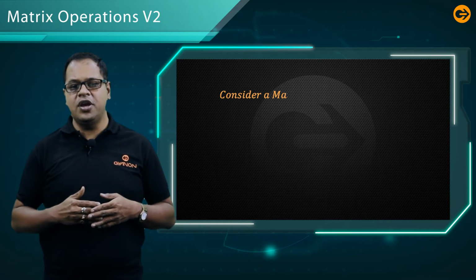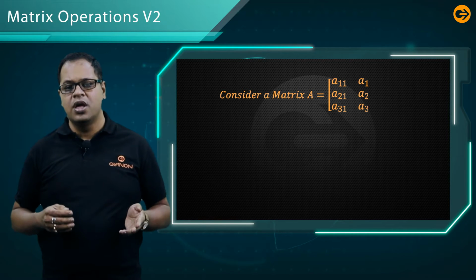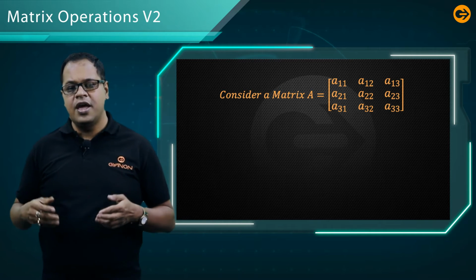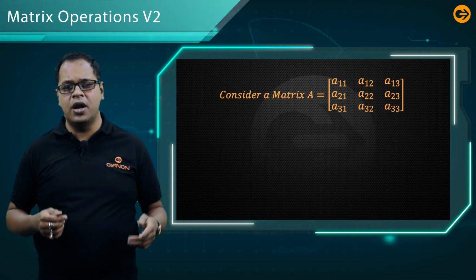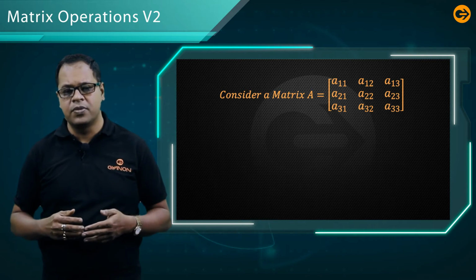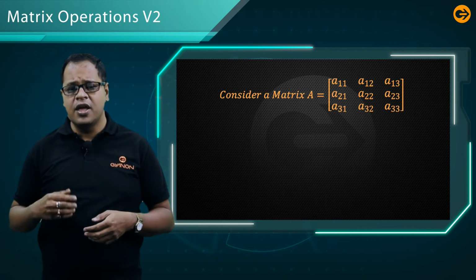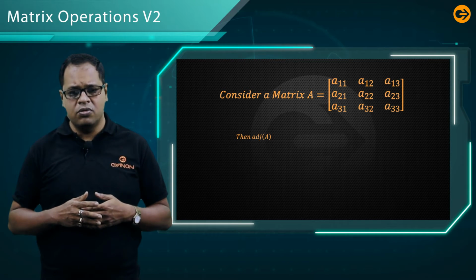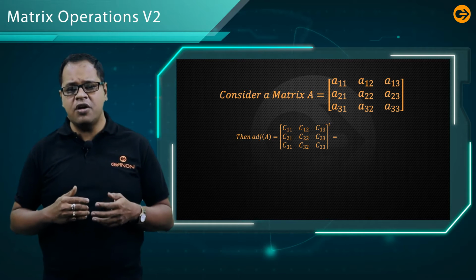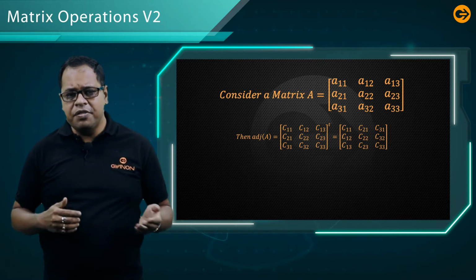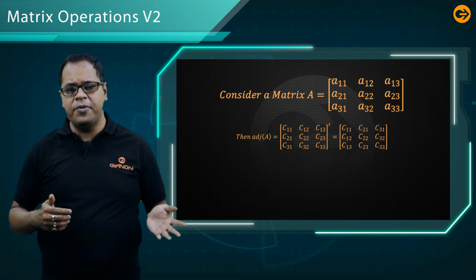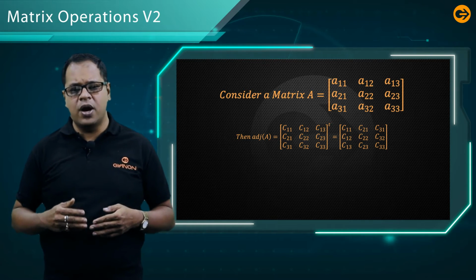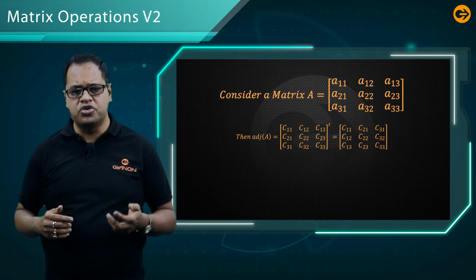Now consider a matrix capital A is equal to A11, A12, A13 in the first row. In the second row, consider A21, A22, A23. In the third row, consider A31, A32, A33. So, the adjoint of A will be capital C11, capital C12, capital C13. Then in the second row, capital C21, capital C22, capital C23.